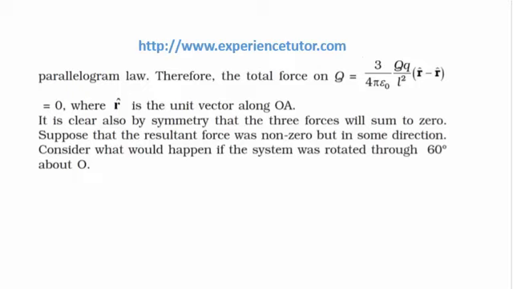It is clear also by symmetry that the three forces will sum to 0. Suppose that the resultant force was non-zero but in the same direction. Consider what would happen if the system was rotated through 60 degrees about O.